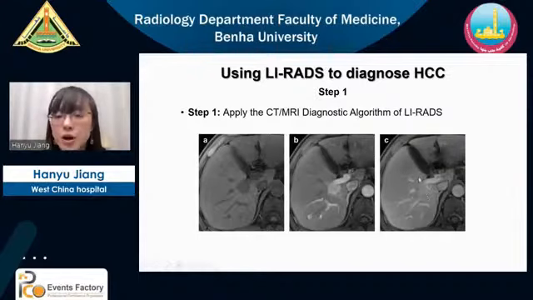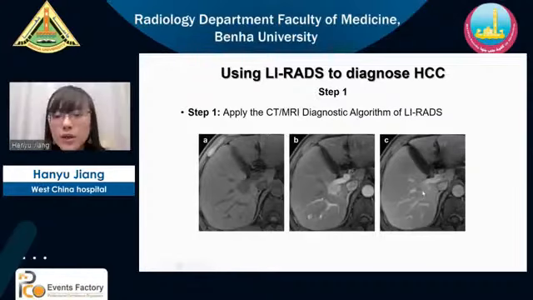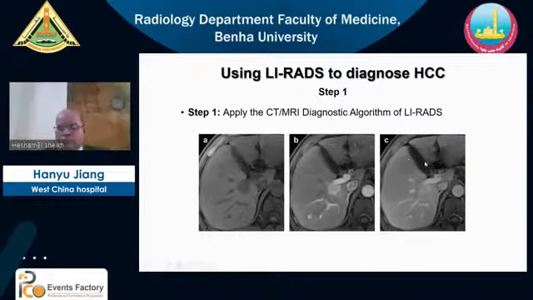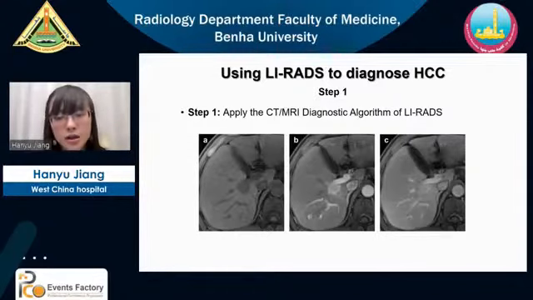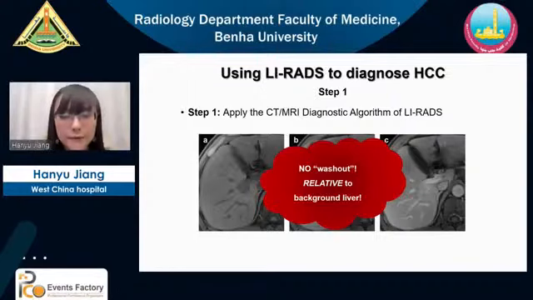Look, the nodule enhances avidly on the arterial phase images, but it's still hyperintense relative to the surrounding liver parenchyma on the portovenous phase images. So it's not appropriate to assign washout for this patient. So no washout relative to the background liver.